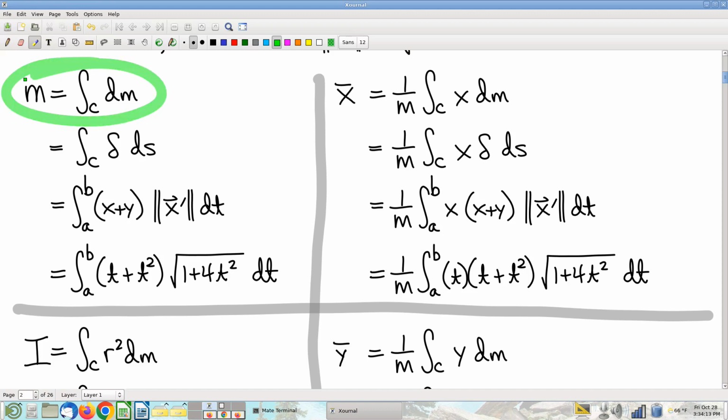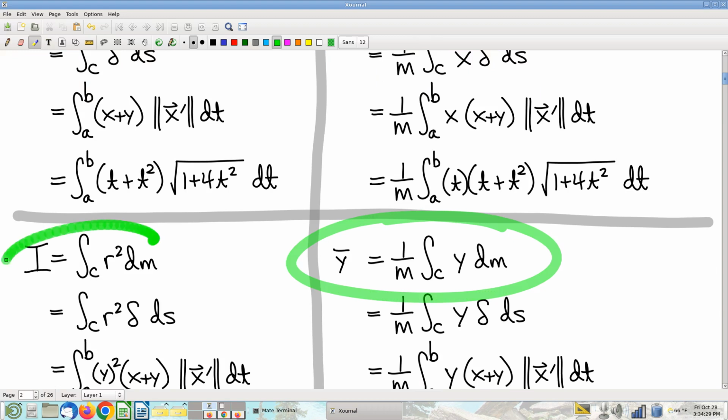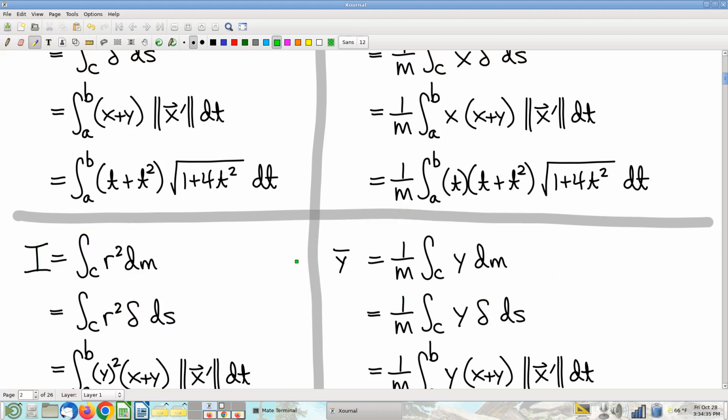Mass is an accumulating quantity. Sum of a bunch of little pieces of mass that you would get if you were to chop that wire up. We have an existing formula for the x-coordinate of the center of mass. We have an existing formula for the y-coordinate of the center of mass. And we have an existing formula for moment of inertia. So write those down. I've kind of got integrals.